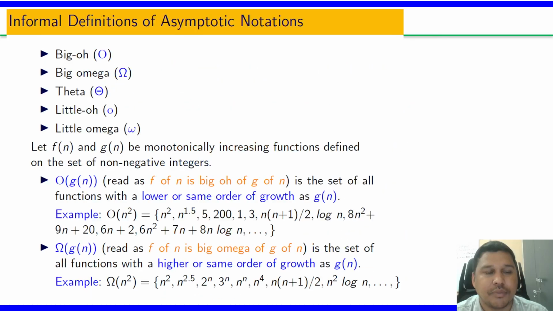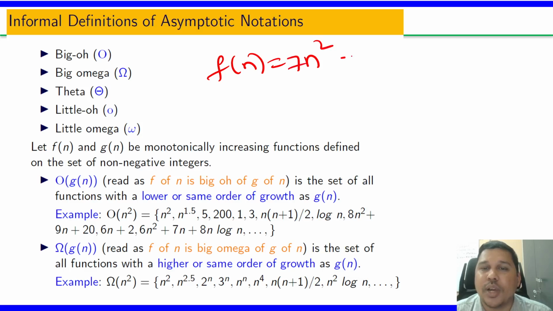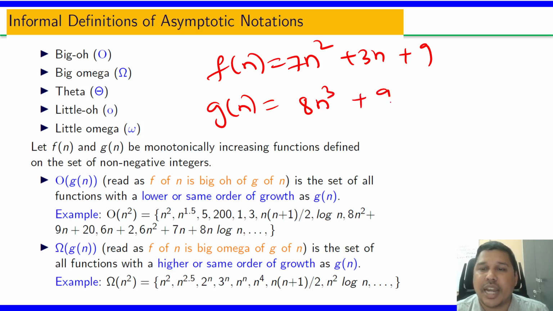Let us formally see the definitions. Let f of n and g of n be two monotonically increasing functions. So f of n can be something like 7n square plus 3n plus 9, and g of n can be another function, 8n cube plus 9n.